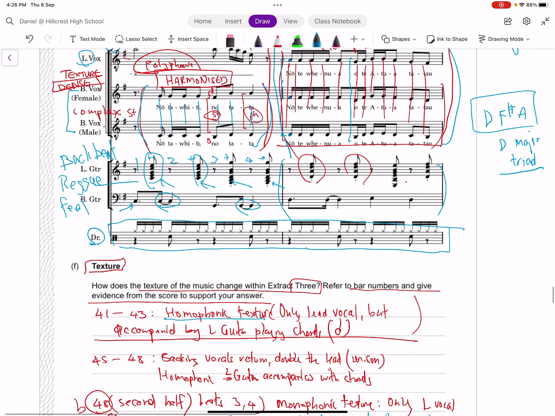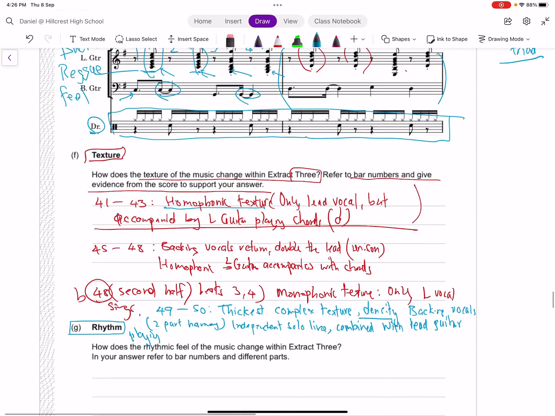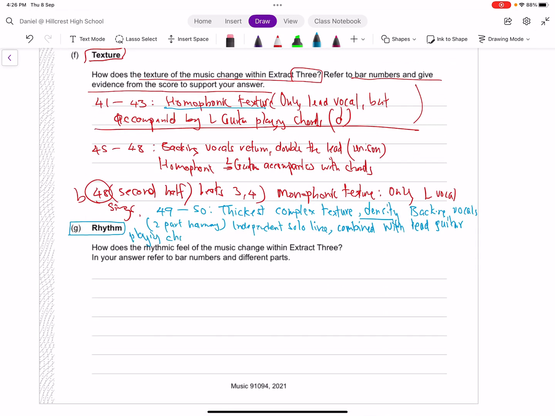So what is the lead guitar playing? It's playing chords, right? Chordal accompaniment. Using backbeats. So accenting the offbeats, yeah? And bass guitar playing syncopated riffs.